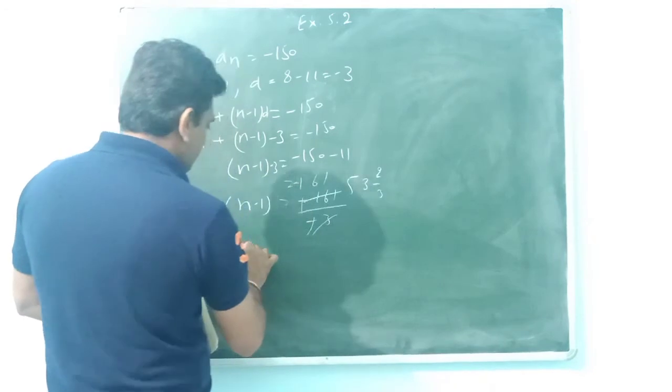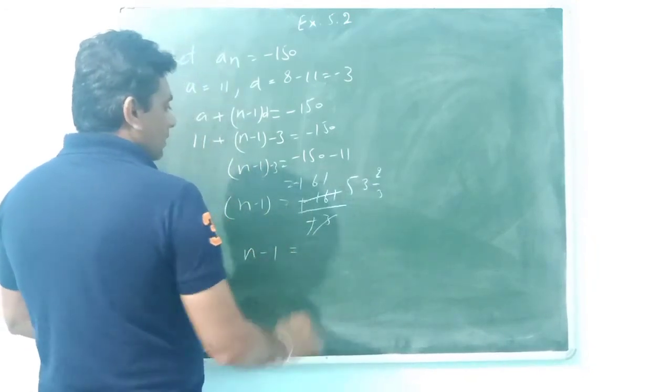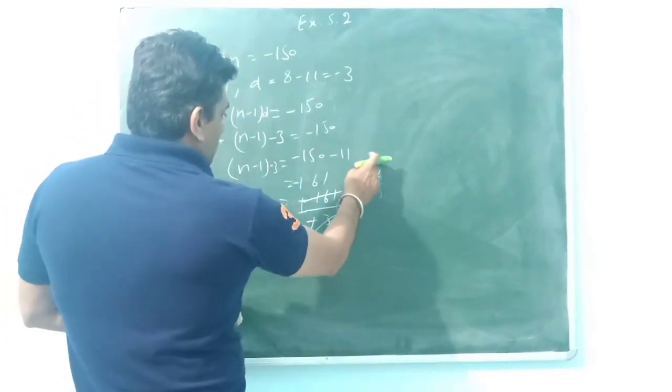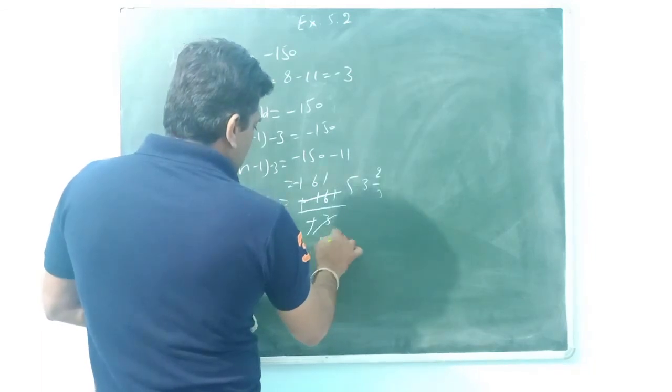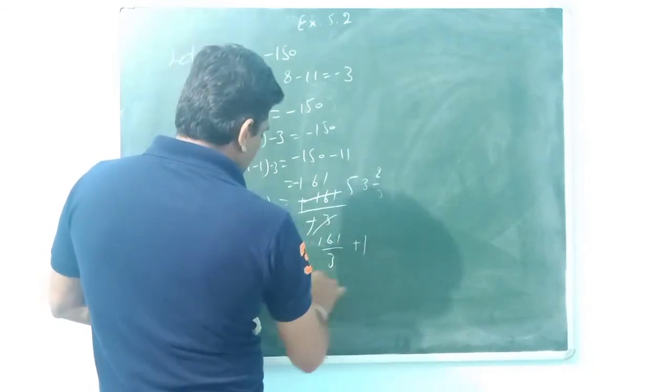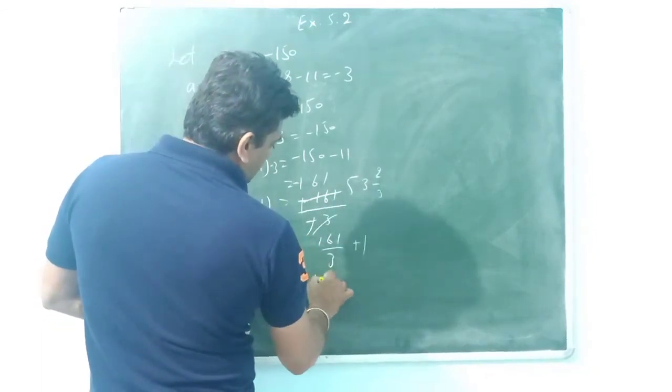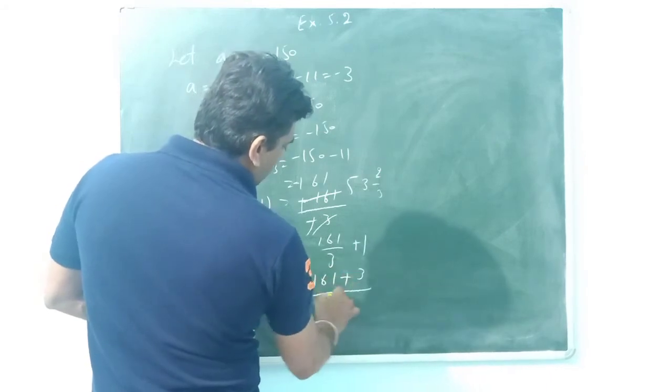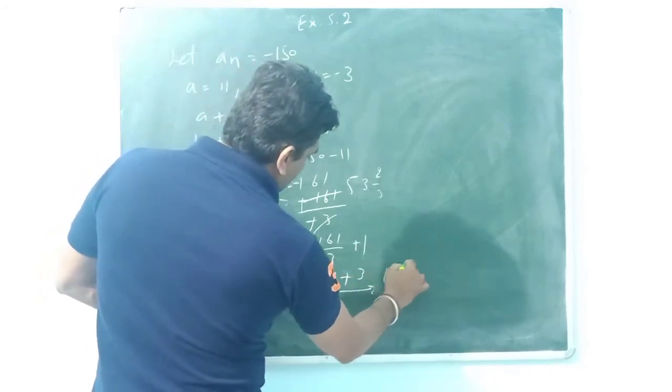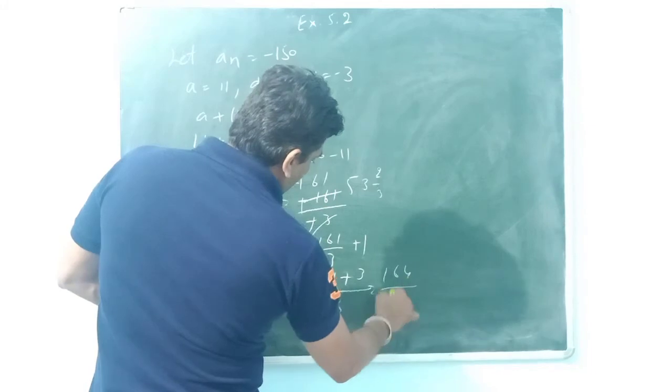So n equals 161 by 3 plus 1, which becomes (161 plus 3) upon 3, that is 164 upon 3.